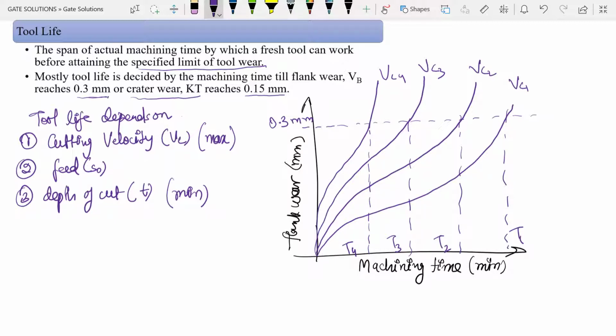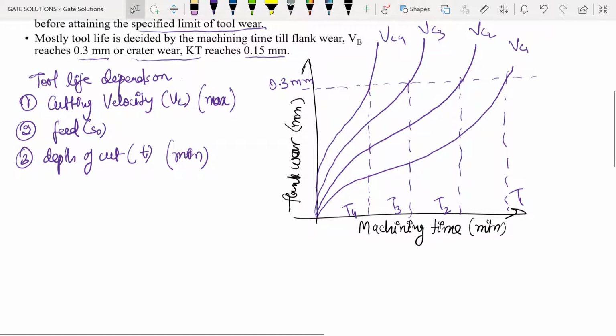Here we found that the machining time is largest for the smallest velocity, as compared to this T4 and VC4.